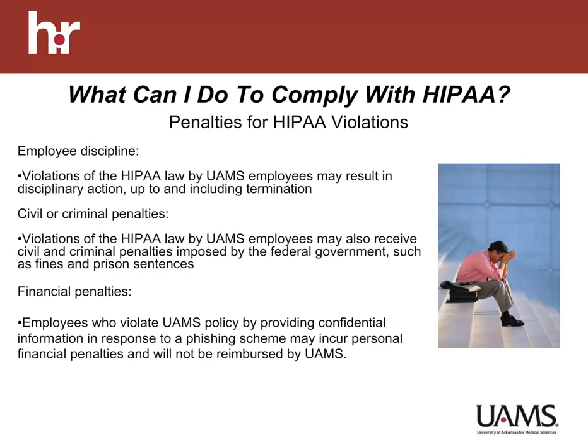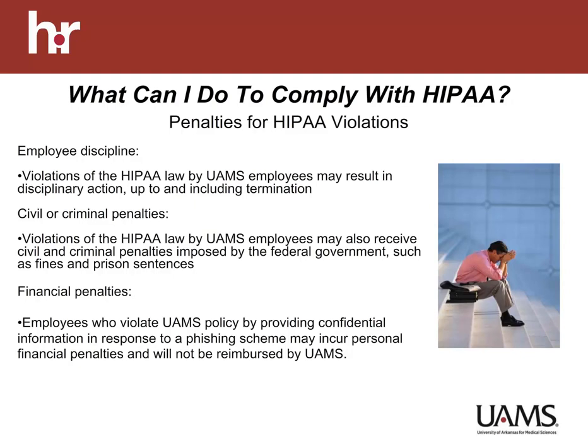There are penalties for HIPAA violations. For example, employee discipline. Violations of the HIPAA law by UAMS employees may result in disciplinary action up to and including termination. Civil or criminal penalties. Violations of the HIPAA law by UAMS employees may also receive civil and criminal penalties imposed by the federal government, such as fines and prison sentences.